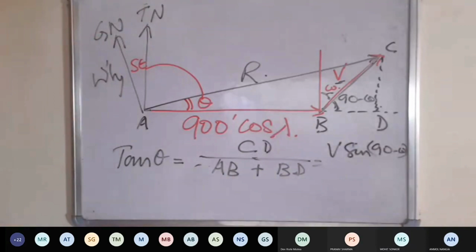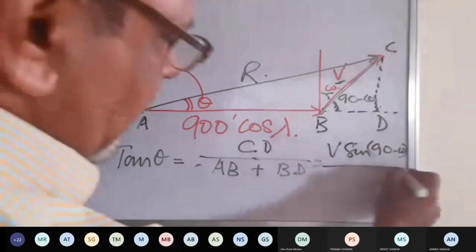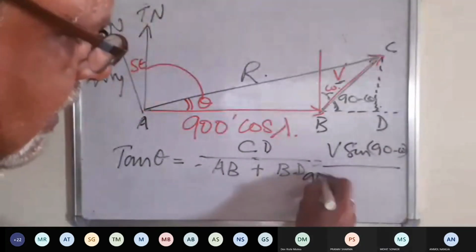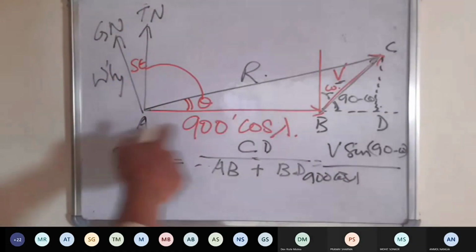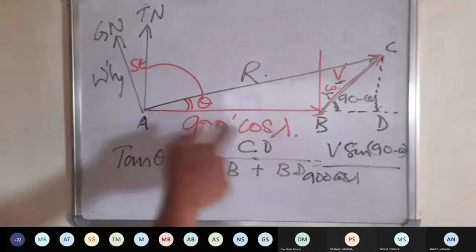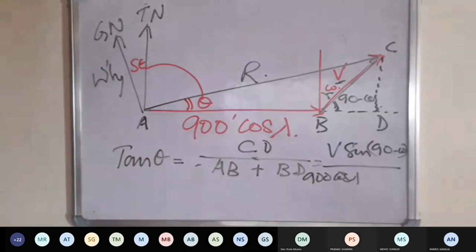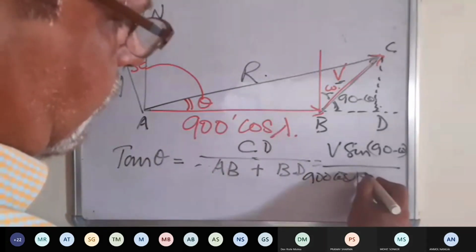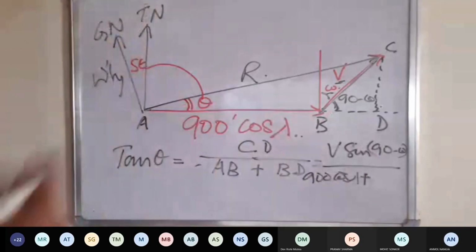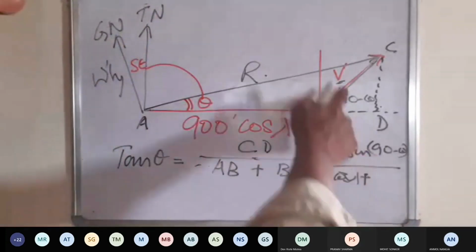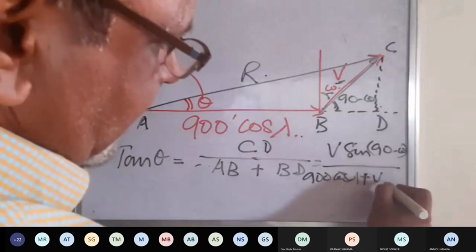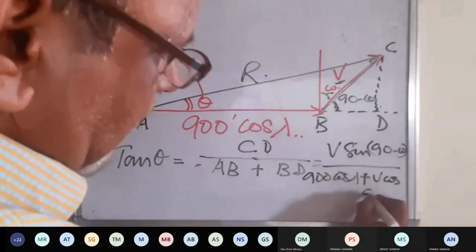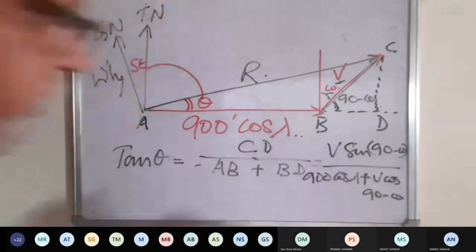Yes, sir. AB is equal to 900 cos lat. BD is equal to plus, now base and hypotenuse, so V cos 90 minus course.